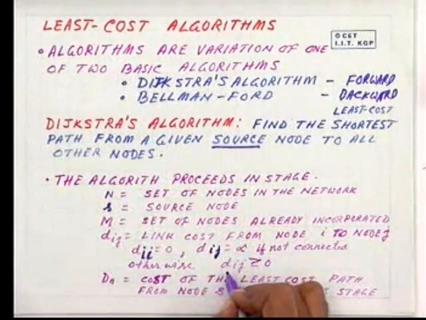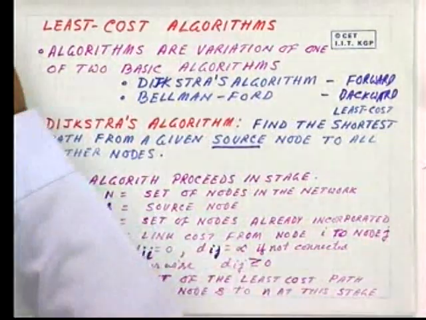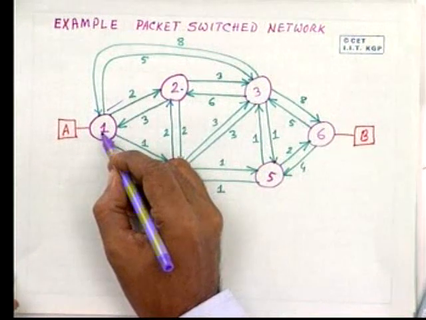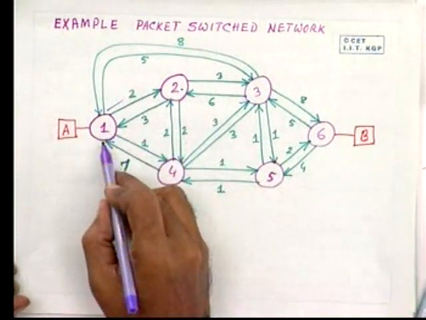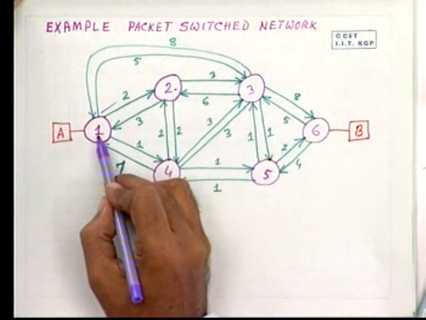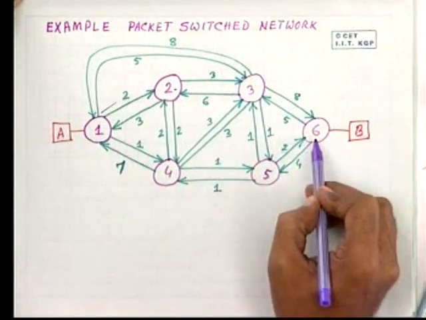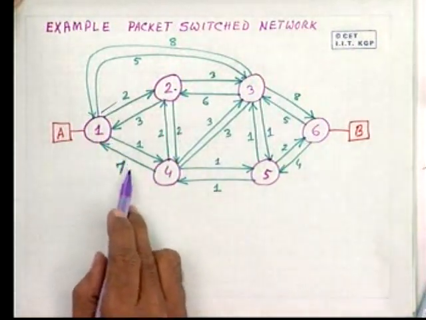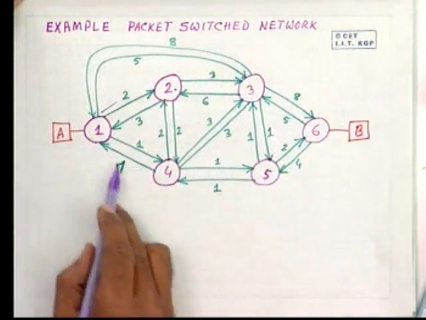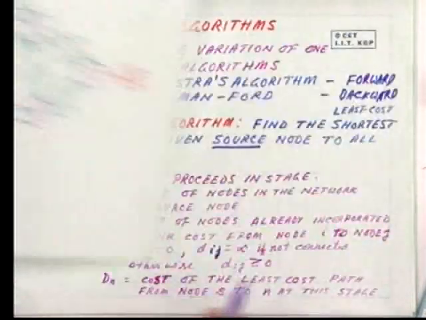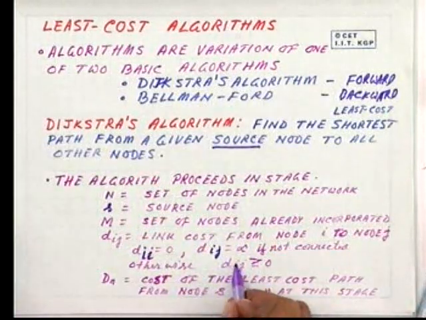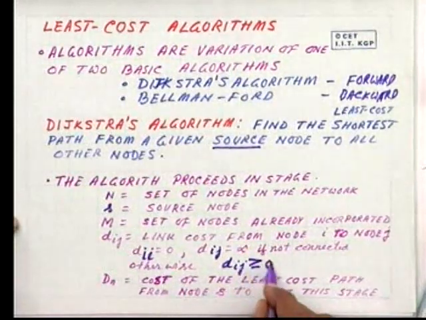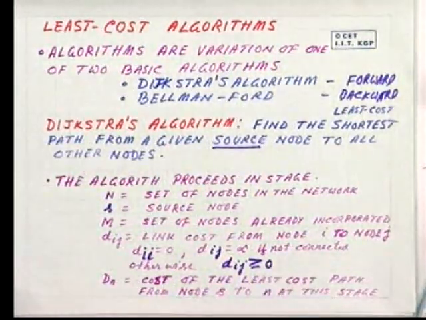For example, in this case, the cost of sending from 1 to 1 is 0. The Dij for 1 to 6 will be infinity because they are not directly connected. On the other hand, the cost for sending from 1 to 4 is 1, or from 4 to 1 is 7, as it is given here. So whenever they are connected, Dij is some value greater than 0.